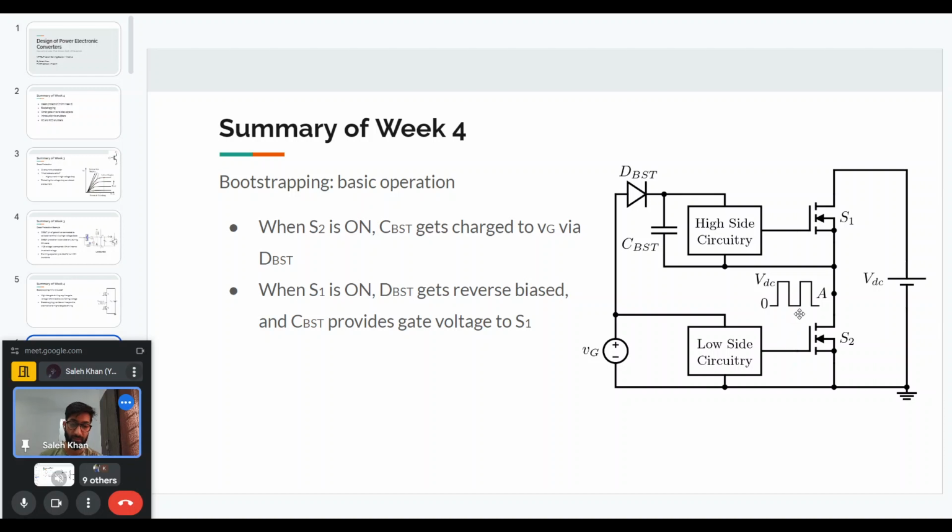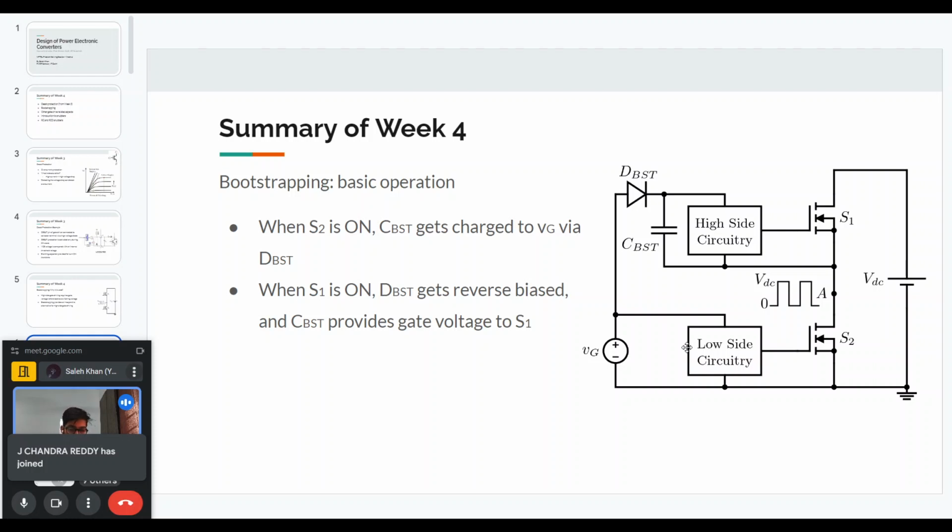In the condition when the low side switch is on, our bootstrap capacitor gets charged, the diode is forward biased, and the bootstrap capacitor gets charged to the gate voltage. Then in the next interval, where the high side switch is on and the low side is off, the bootstrap diode gets reverse biased, and the capacitor provides the voltage for the high side device to turn on.